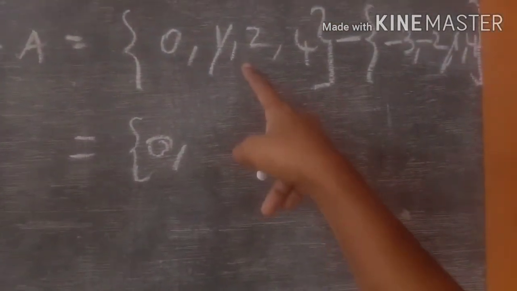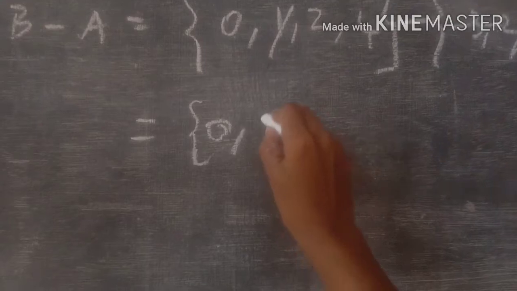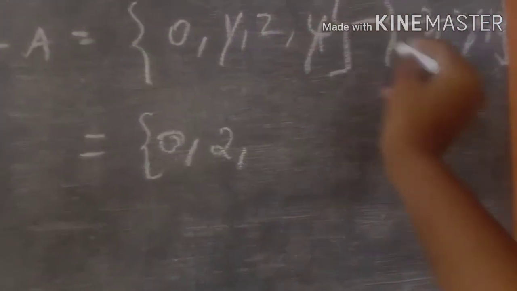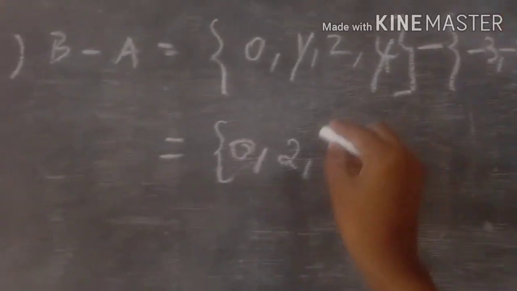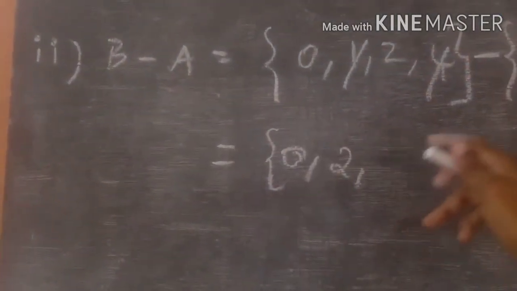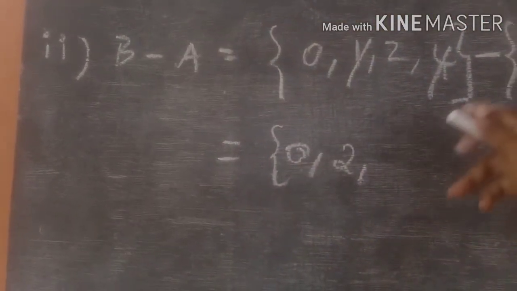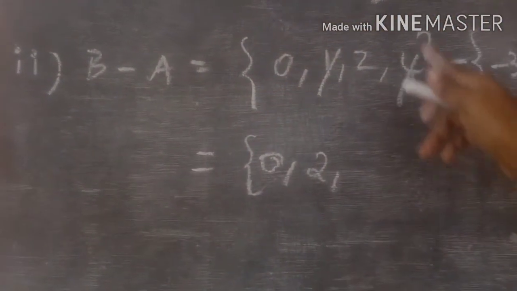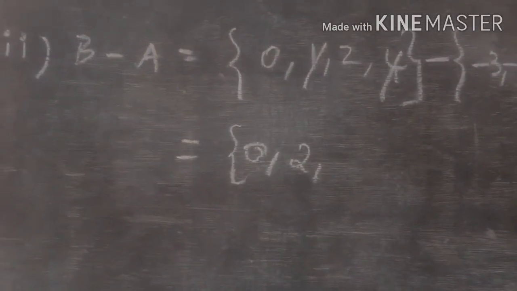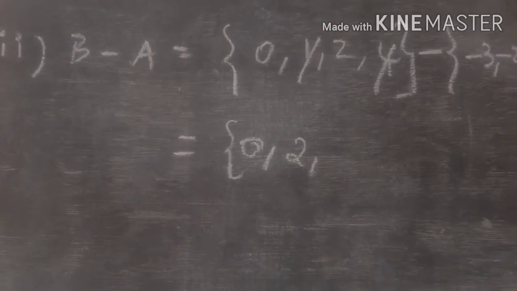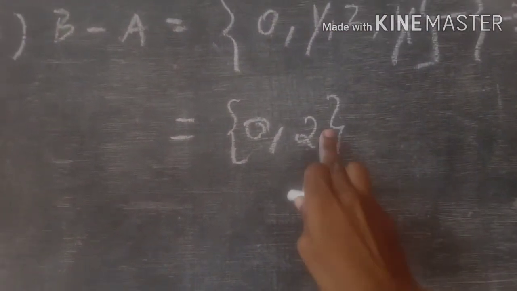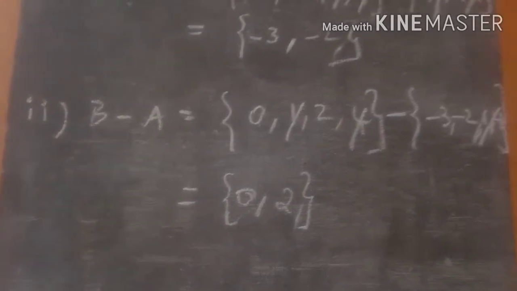Next, 2. 2 is not there, so 2 is written, not cancelled. 4. 4 is there, so it is cancelled. Next, Miss has already said: write the answer of the remaining elements of the first set only. Okay? So that's all.